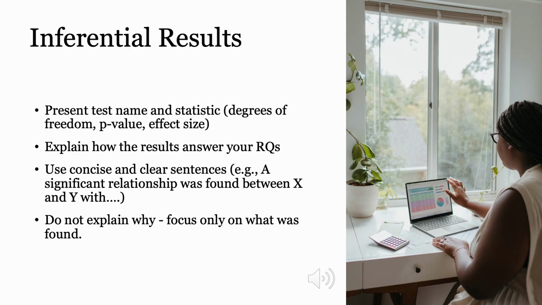Same as with the descriptive section, inferential results should be reported concisely and objectively. For example, you might state that a significant relationship or difference was found without explaining why you believe the result occurred. You should also explain how your inferential results answer your research questions.